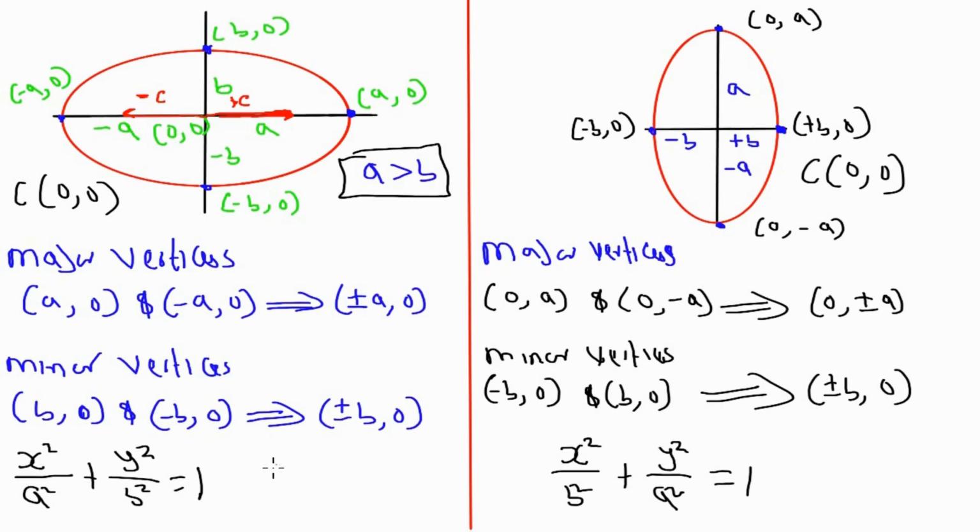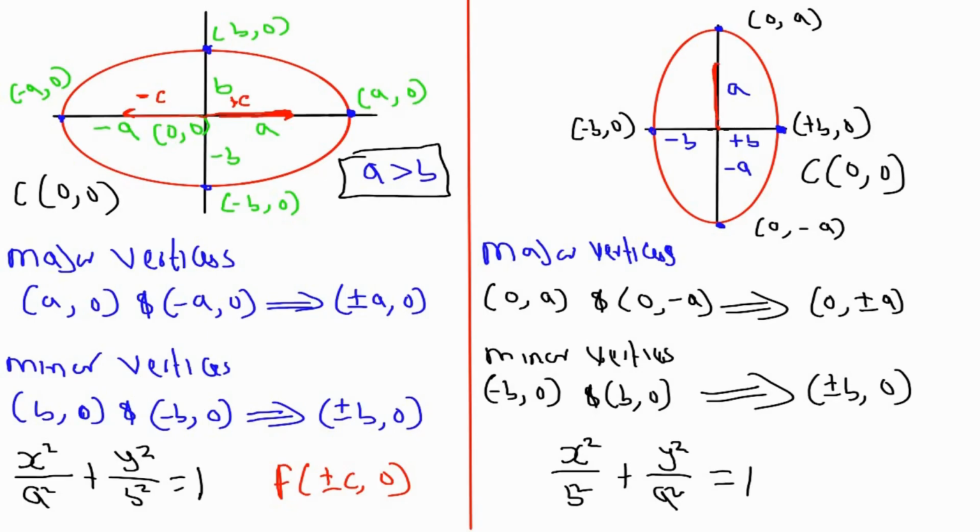So for the ellipse at the left hand side, the foci is simply plus or minus C, comma 0. Okay, because its coordinate along the y-axis is 0, but it is C units away along the positive x-axis and negative C units away along the negative x-axis. Now, for the ellipse at the right hand side, it is C units away towards the positive y-axis.